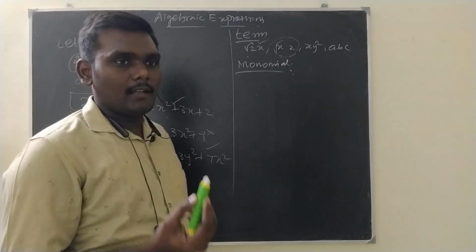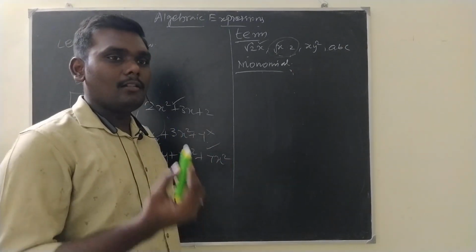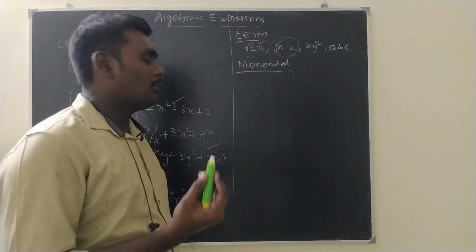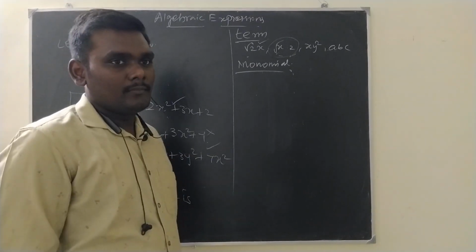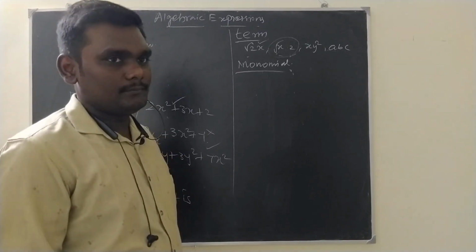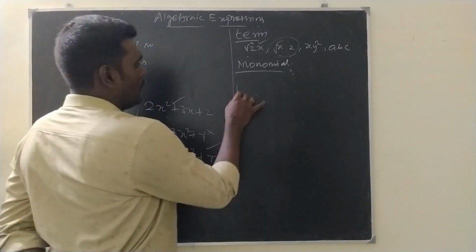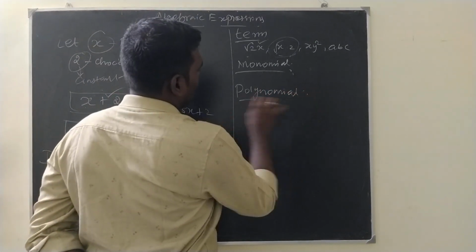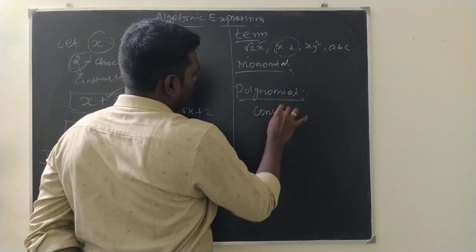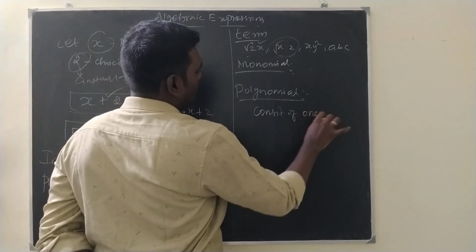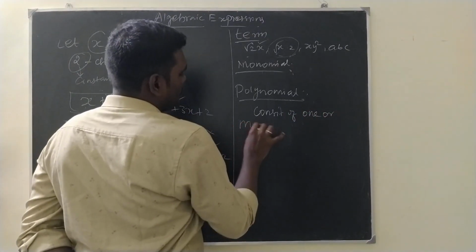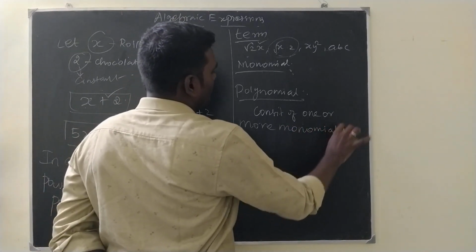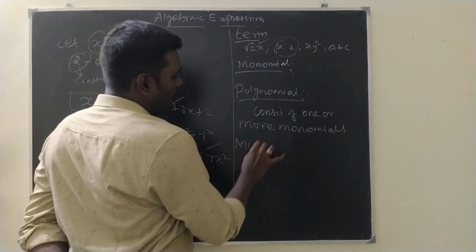A polynomial consists of addition or subtraction of one or more monomials. Then what does multinomial mean?